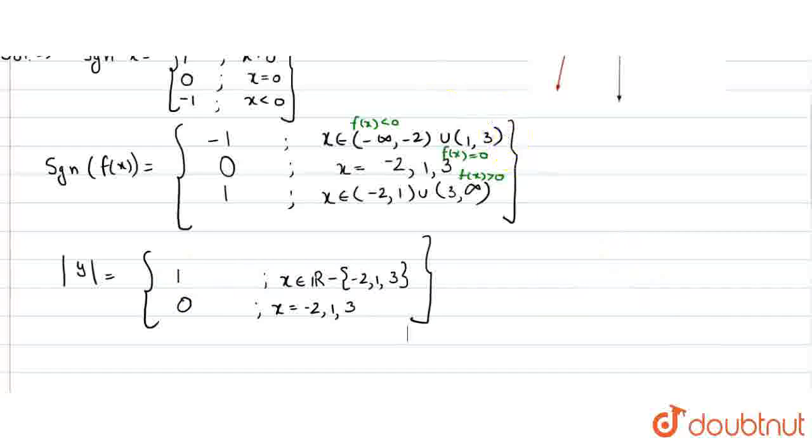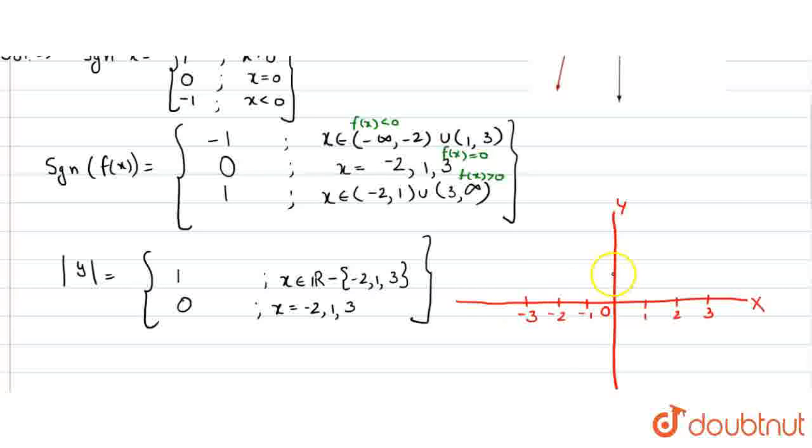Now we have to draw its graph. Its graph is quite simple. Let this be the x-axis, this be the y-axis, sorry, this is the x-axis. Now we mark the points also: 0, 1, 2, 3, minus 1, minus 2, minus 3. This is 1, this is minus 1. We can write minus 2 also, and 2 also.